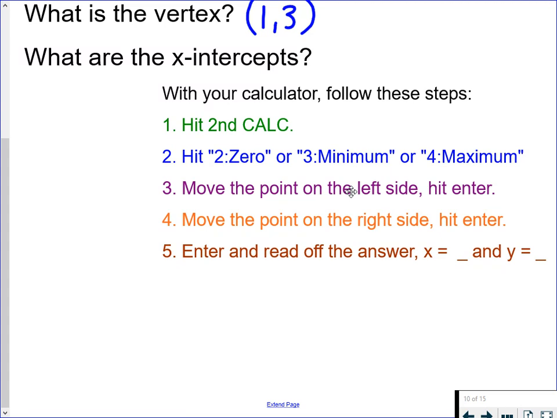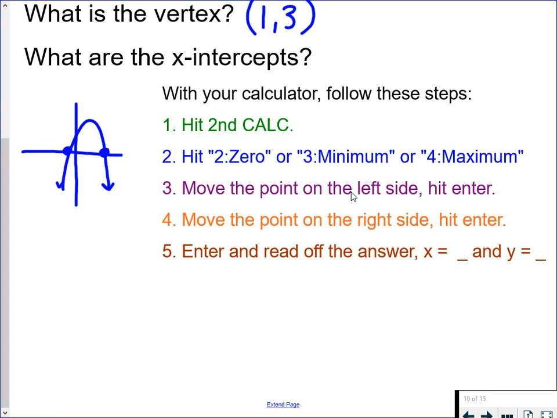There's another word for x-intercepts, and that's called zeros. Go to option 2. Press enter. So now we're looking at a parabola, and we want to know, where does it cross the x-axis?